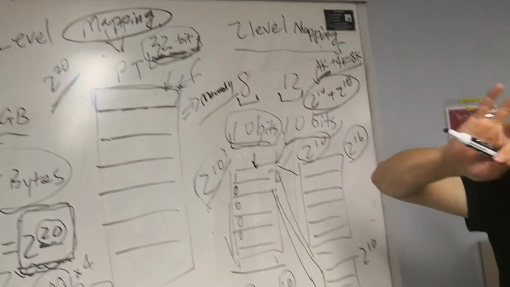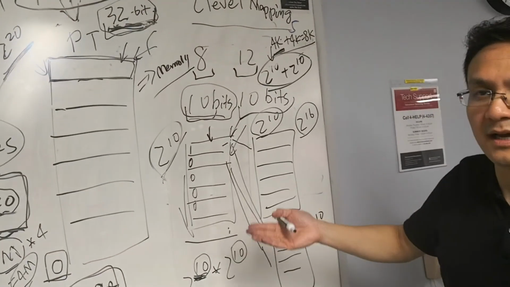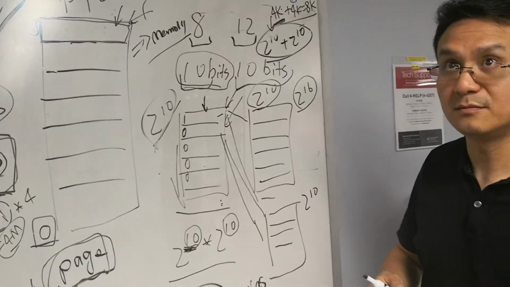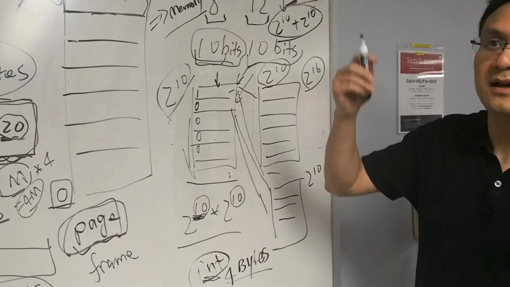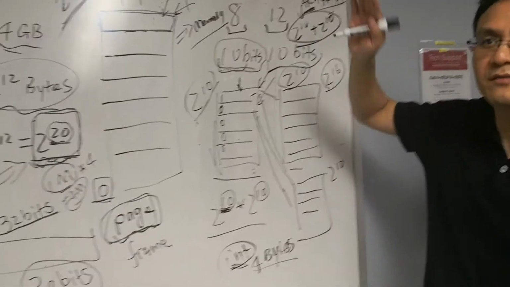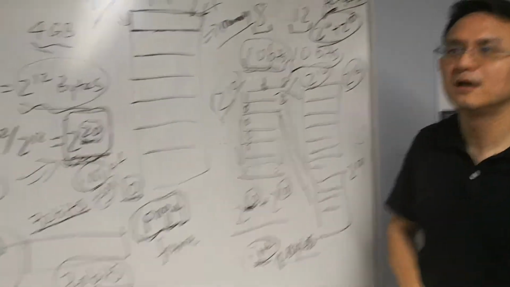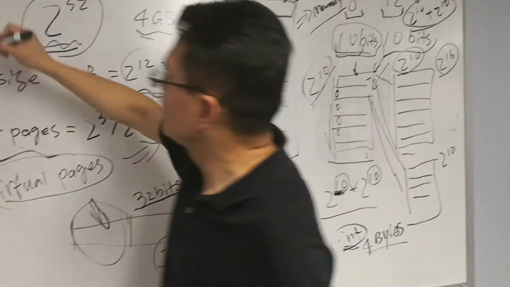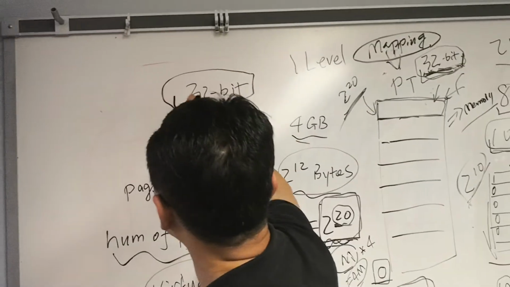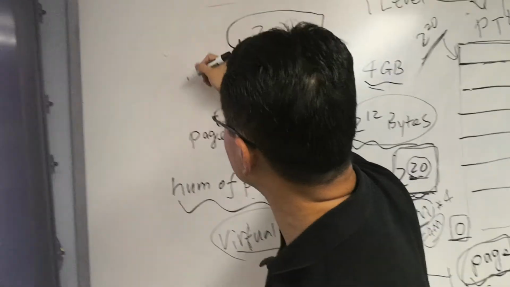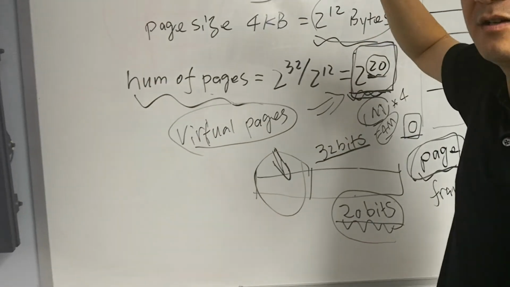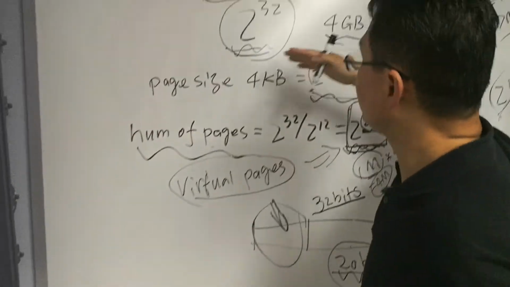Or if you set up 3 levels, you can do like I did in the class, 888, which is 24 bits for the page table. Essentially you have 32 bits, and you can do whatever, as long as you have some bits at the lowest end for the page offset.